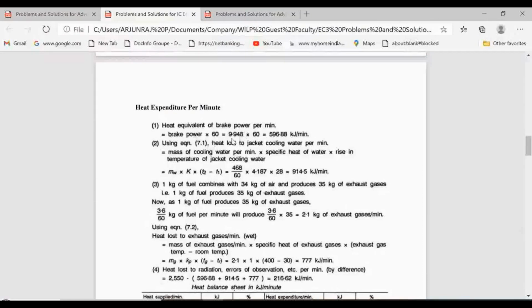You know the brake power, what you get is 9.9 into, so again here you're going to convert per minute. So you have got a value in kilojoules per second. Yes, this is in the form of kilowatt. Okay, kilowatt. 1 kilowatt is nothing but 1 kilojoule per second.